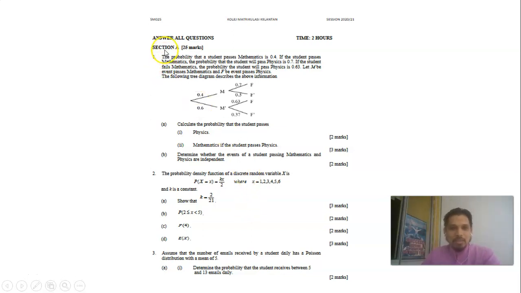So you can see that here there is Section A with 25 marks. This question is on probability and random variables, and question number 3.